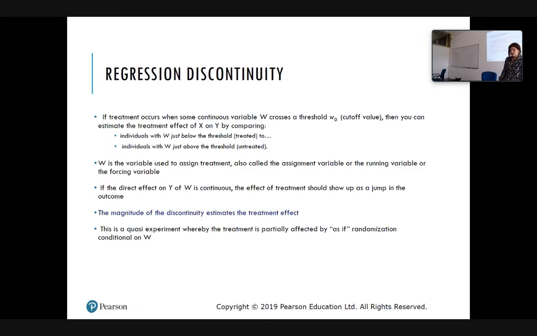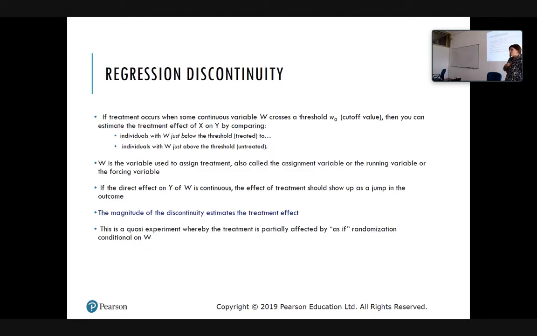And so if we take just the ones which are just below the threshold, and we compare them to the ones who are just above the threshold, then we assume that they do not have so many different characteristics other than the fact that the ones just below are the untreated ones, and the ones just above are the treated ones.